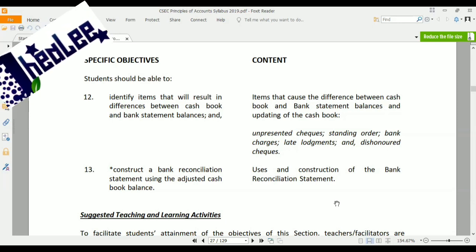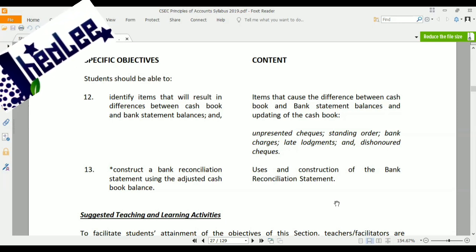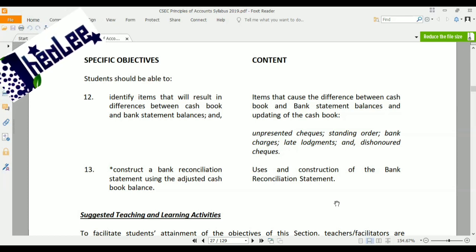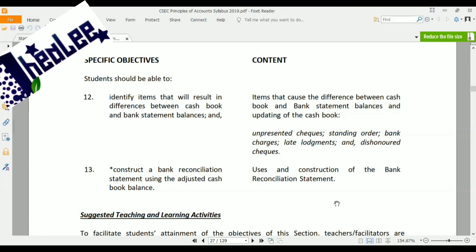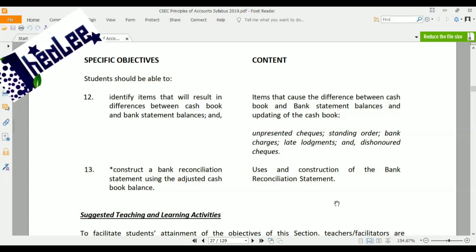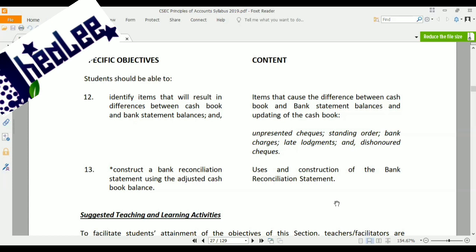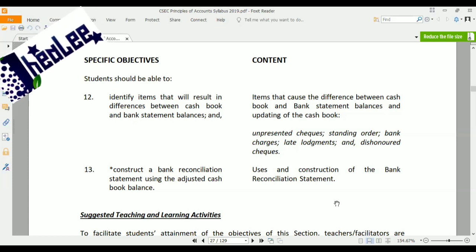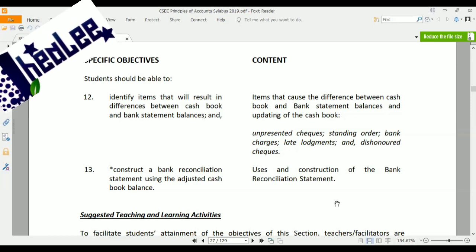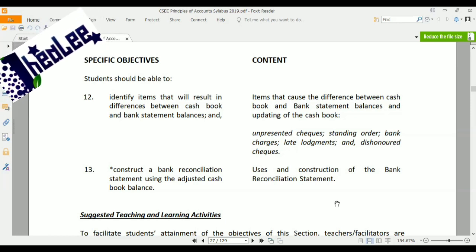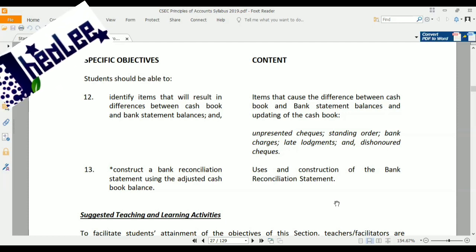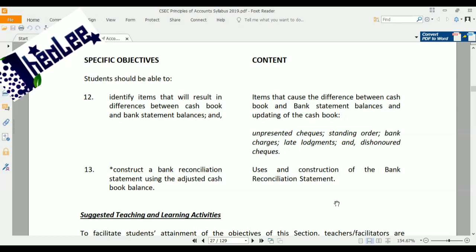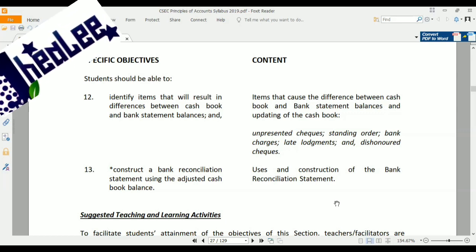So you may be given a theory question where all you have available is the updated cash book balance. Which format are you going to use? You need to know there and then that you're to use the updated cash book balance, because the bank statement balance is not available. Vice versa, if your bank statement balance is available and you don't know your updated cash book balance because there wasn't any need to update the cash book, then of course you would have to use the format that starts with your bank statement balance.